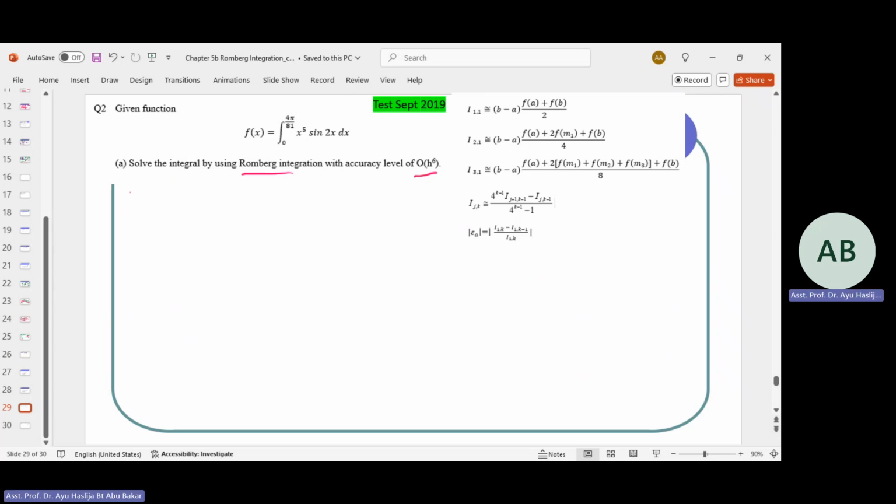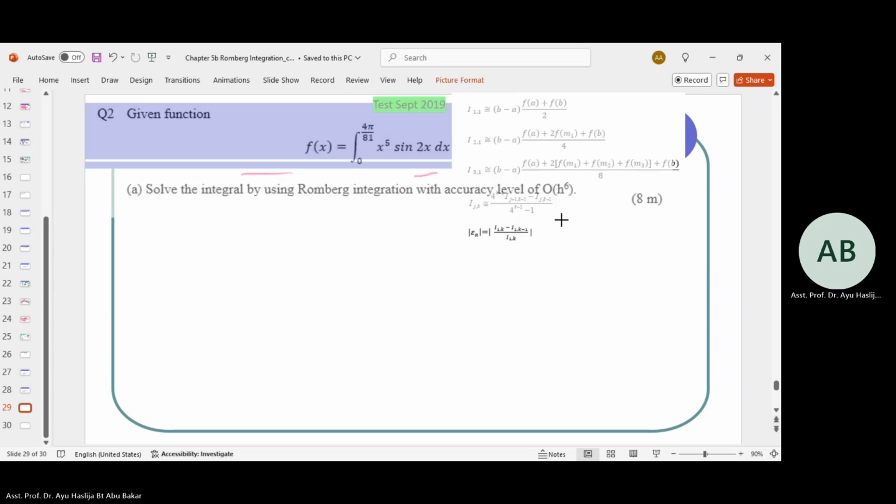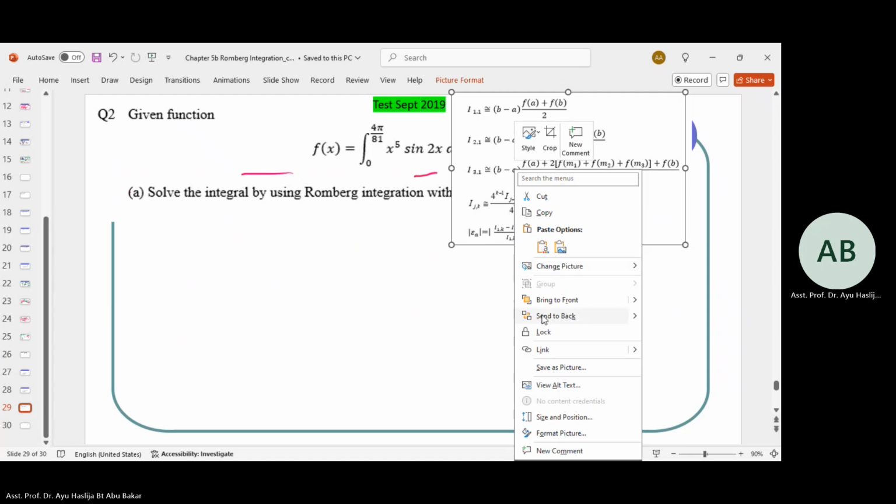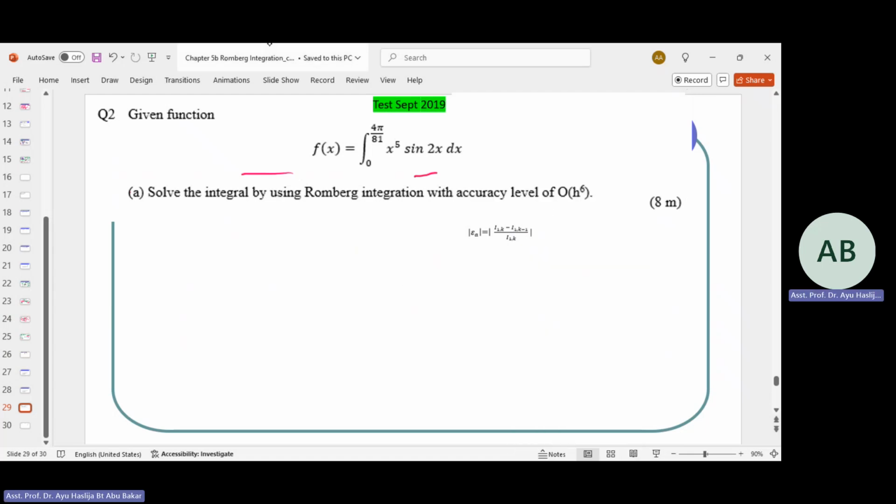So identify your A and B. Make it bigger. Okay, this is your A, this is your B. Inside here is your f(x). Until level 3, so I11, I13. Do the table.